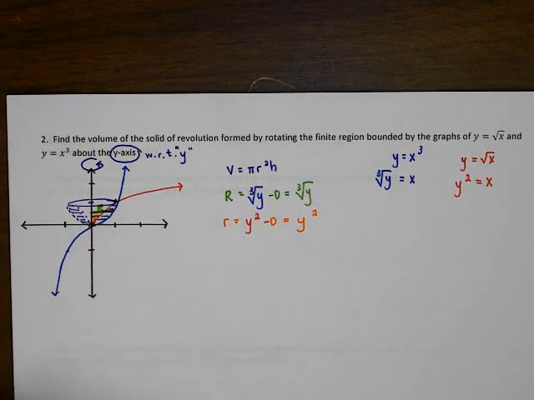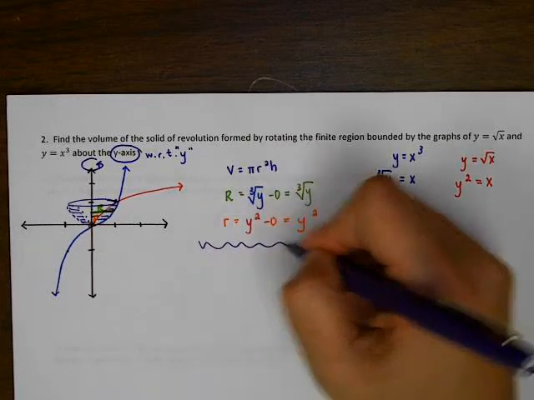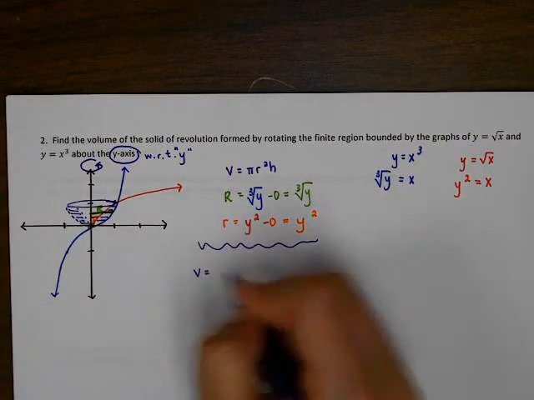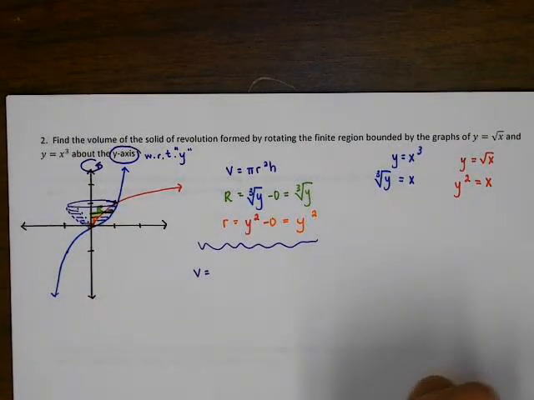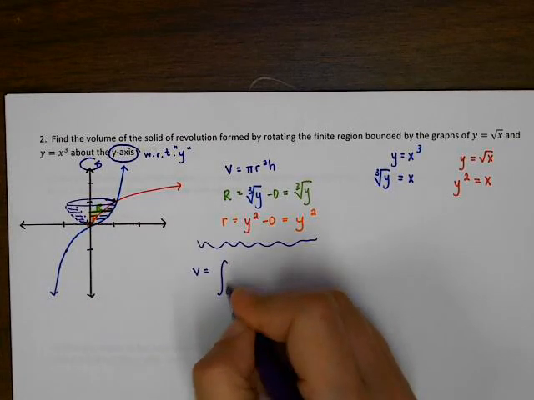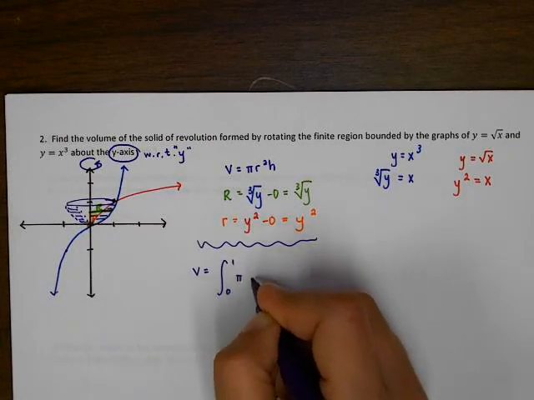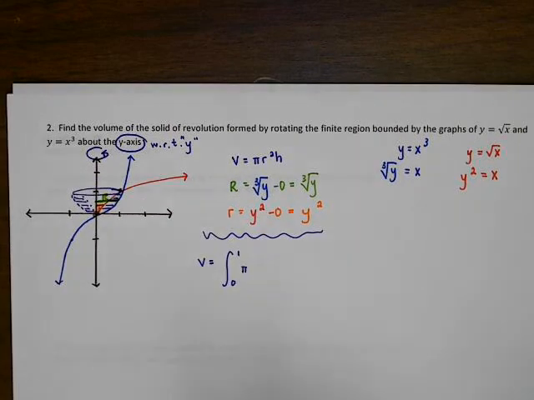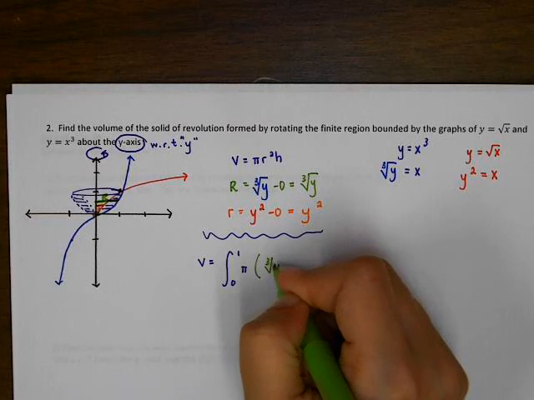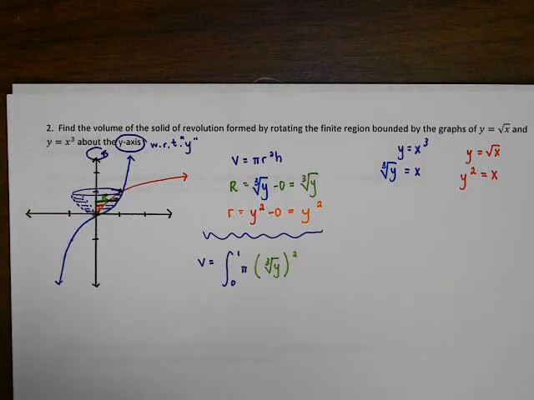Now again, everything here is going to be in terms of y because we're revolving around this vertical line, the y-axis. So my volume would be done in two parts. We need two integrals. It's going to be the integral from 0 to 1 of pi times big R squared, which in this case is the cube root of y squared.